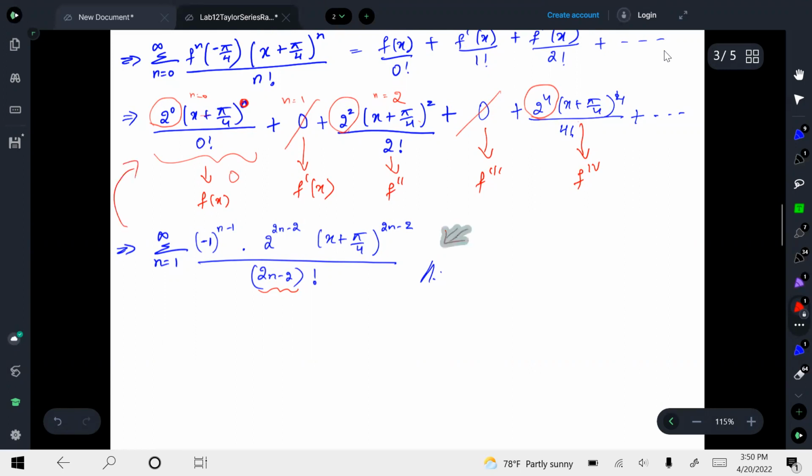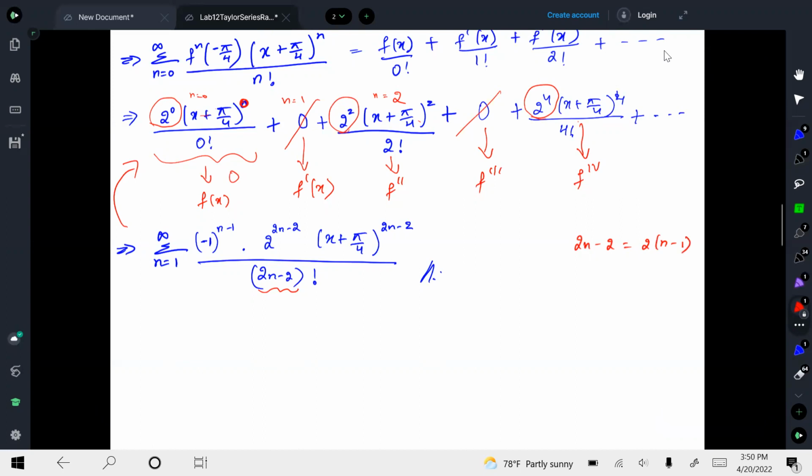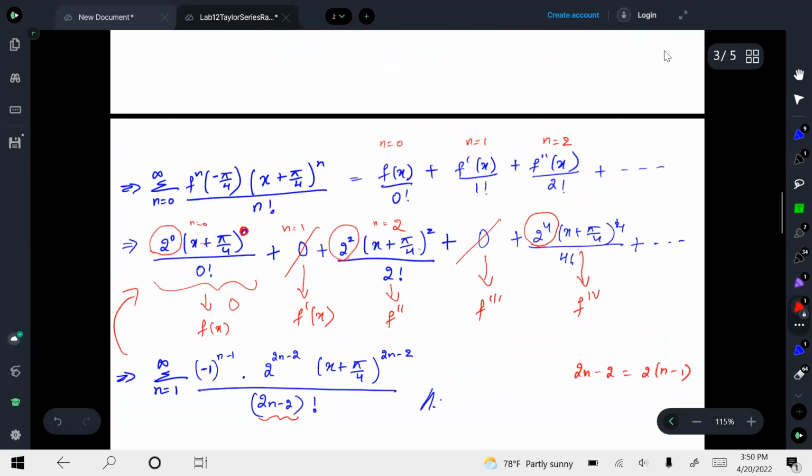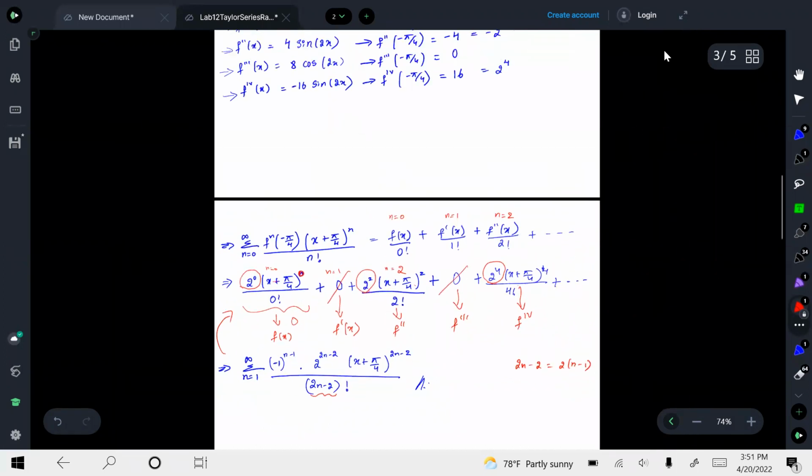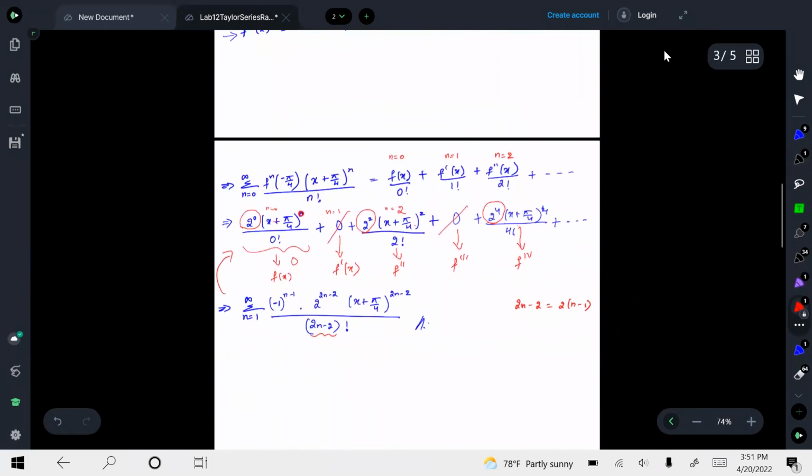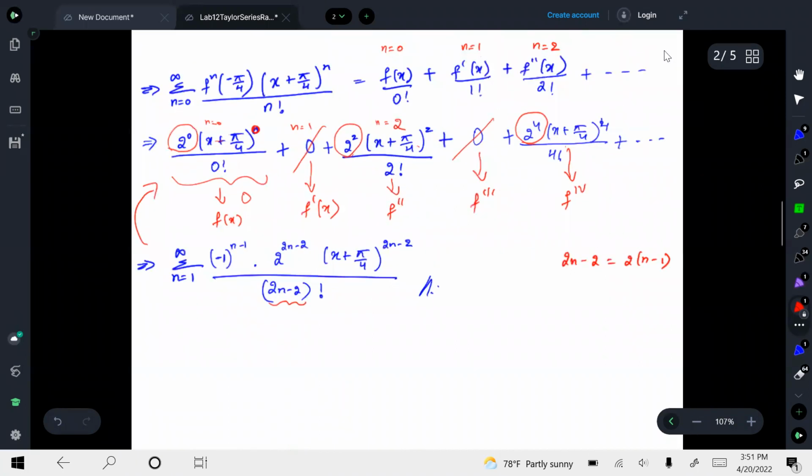And that's the reason we write 2n minus 2. Or you can also write 2n minus 2 as 2 to the power of 2 outside and n minus 1 inside. You can write in this way as well. Okay, so this is for a trigonometric function.